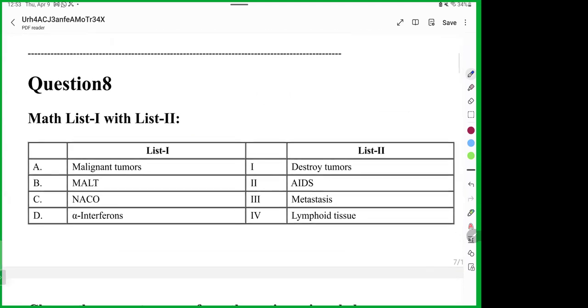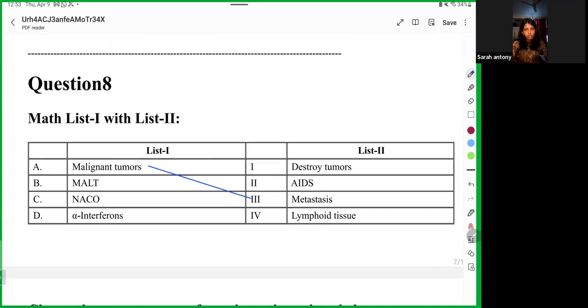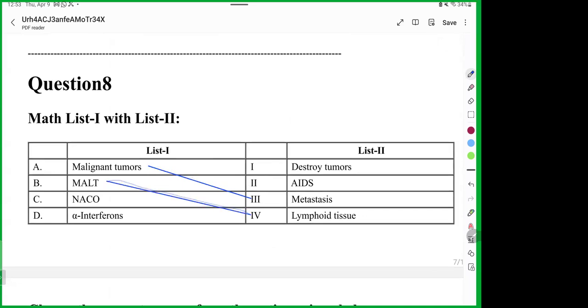Nirjala: malignant tumor, metastasis, MALT, lymphoid, 50% liver.